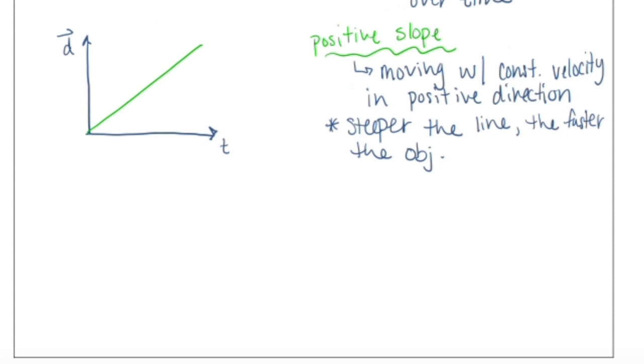Okay, and then for our last one, time and position, we're going to have a negative slope. Okay.